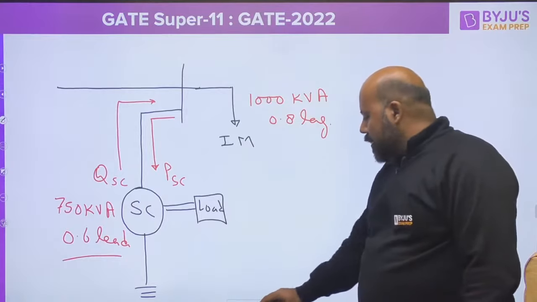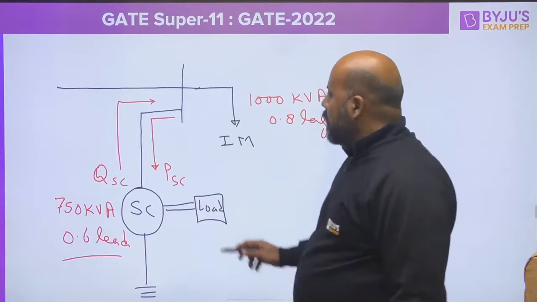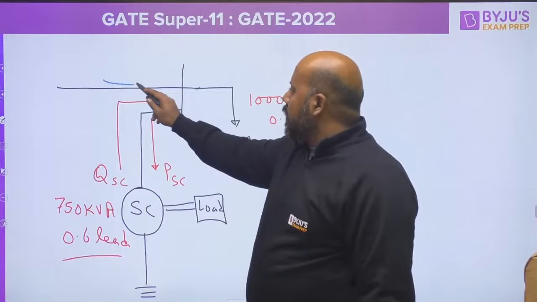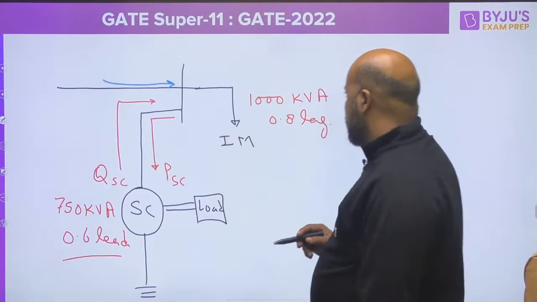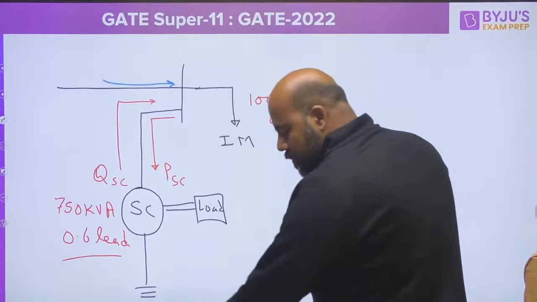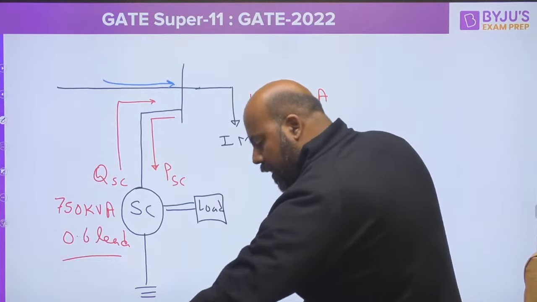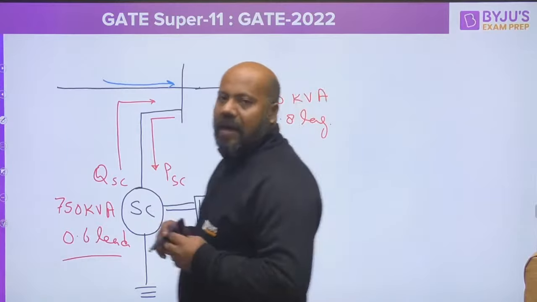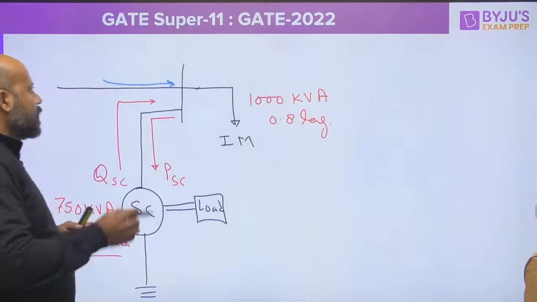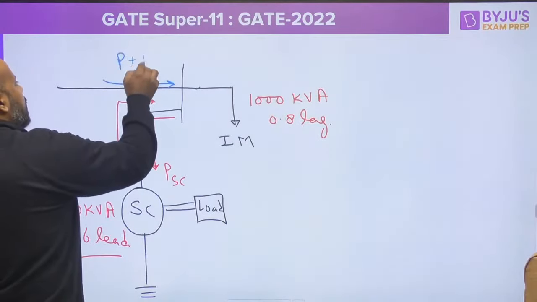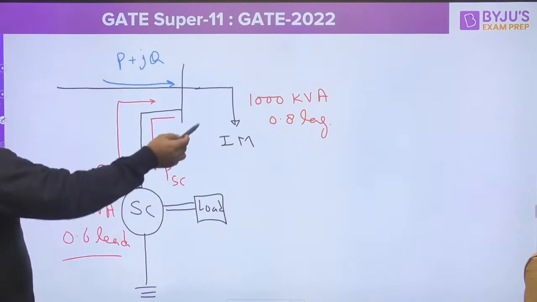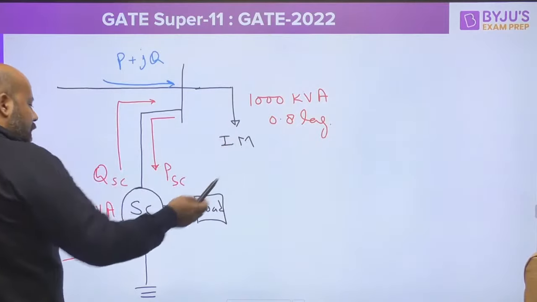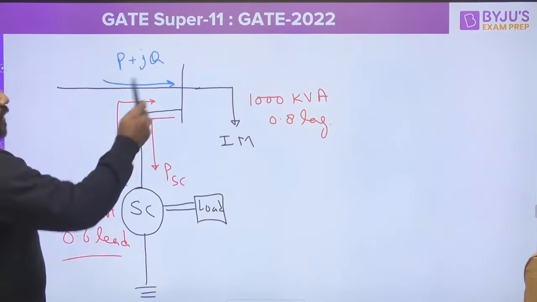Now see what he is asking. He is asking what is the power factor for the supply coming from the mains. Now you understand this. You understand this. We are aware that what is going to be the real power and reactive power coming from the supply side, because we know the apparent power and the power factor for both the synchronous condenser and the induction motor.